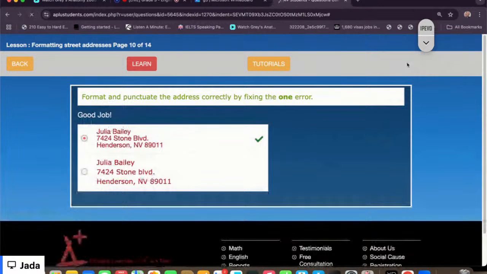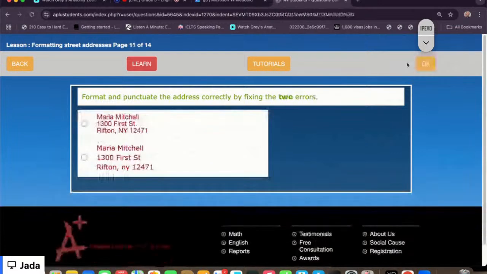All right, so we have this one. We need to fix two errors here. What is the right answer here?